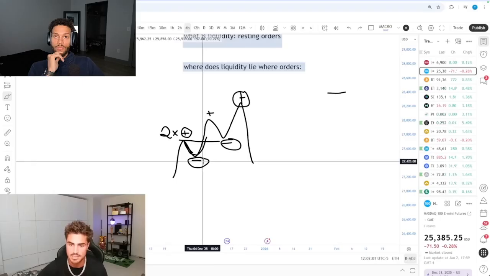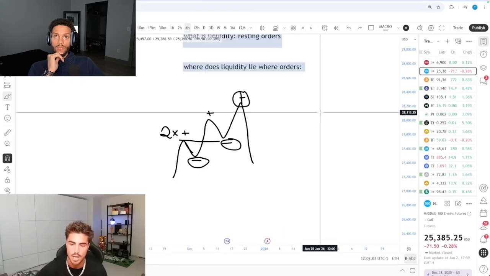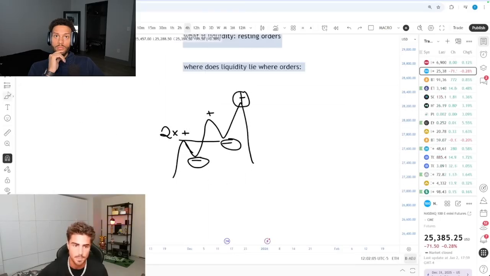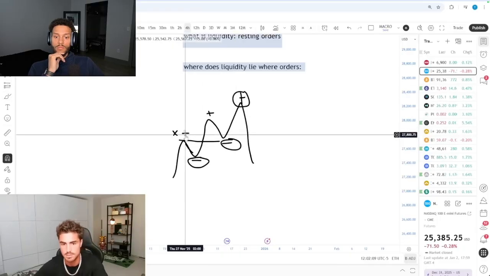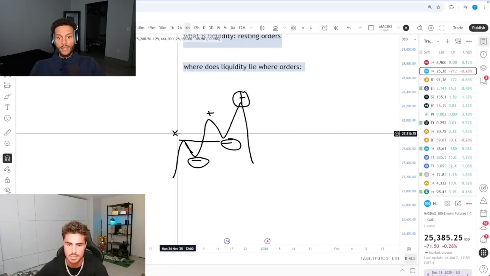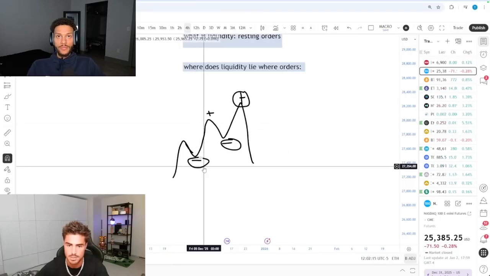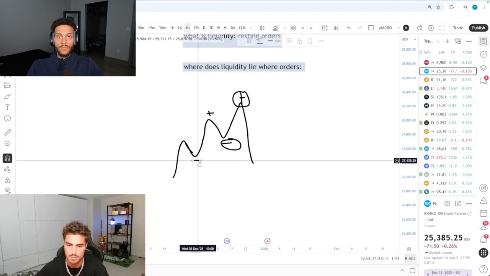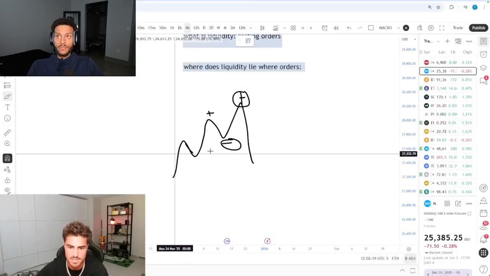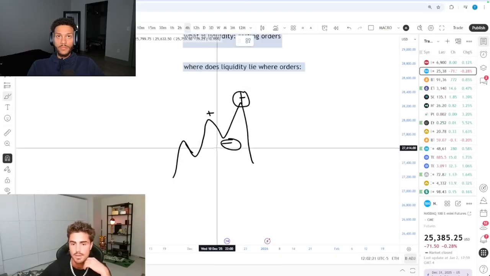There's also two sets of sell orders underneath lows. Let me get rid of this. Hopefully this is starting to make more sense. There are two sets of sell orders underneath lows.